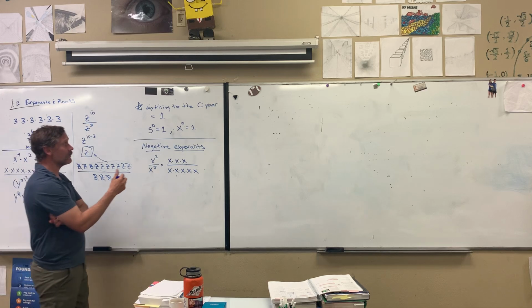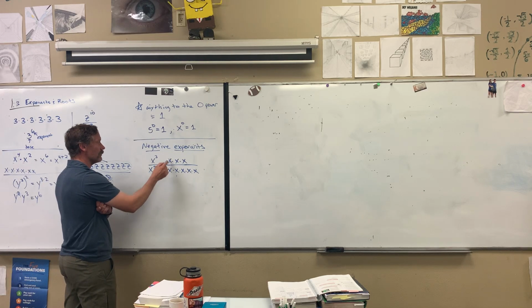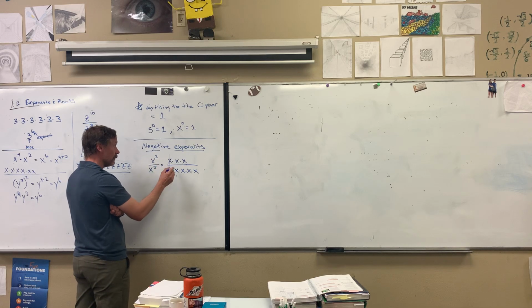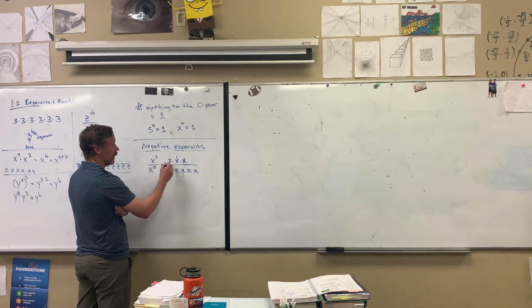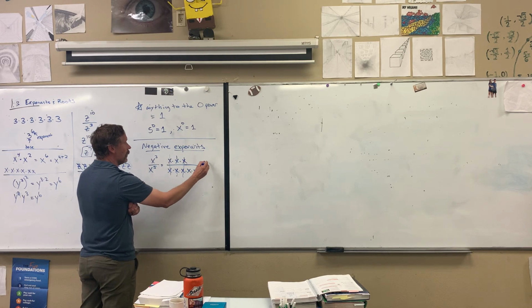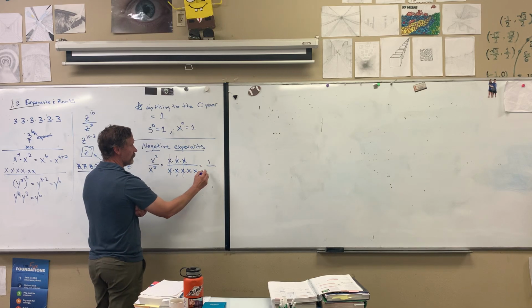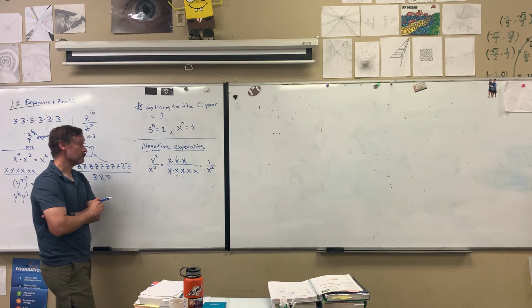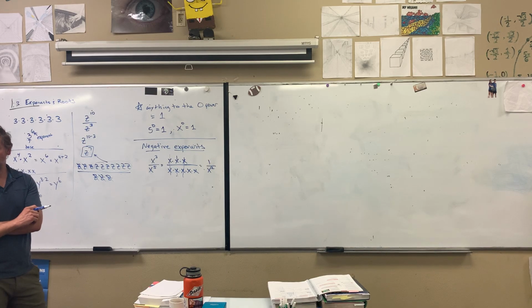When I go to cancel, I say, okay, this cancels, as Zach told us earlier, it cancels not to nothing, but it cancels to the number 1, 1, and 1. So I have 1 on top, and then on the bottom, I have x times x, so that's x squared, right? So that's a fine way to do it. That's the answer. So far we haven't discussed the negative exponents yet, right?